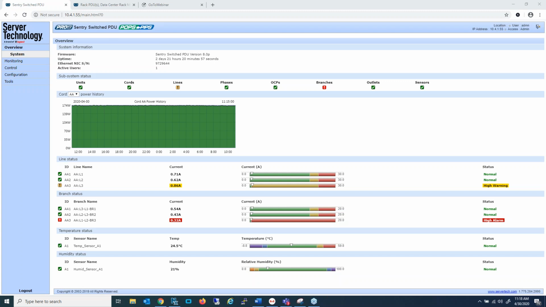The advantage of a product that has the alt phase feature, where we rotate those lines, line 1, 2, 3, and repeat, is that it does simplify your installation, allows you to use shorter cords from the PDUs to the equipment, creating a cleaner environment, better airflow. But you do have to pay attention to balancing between all the available circuit breakers.